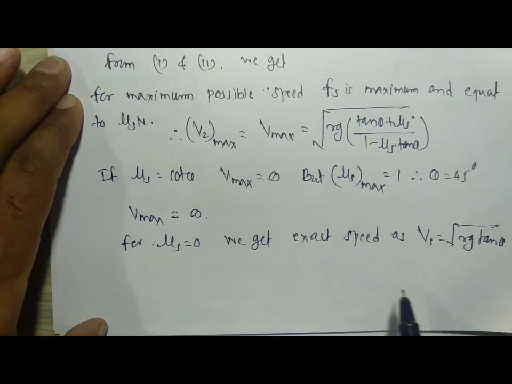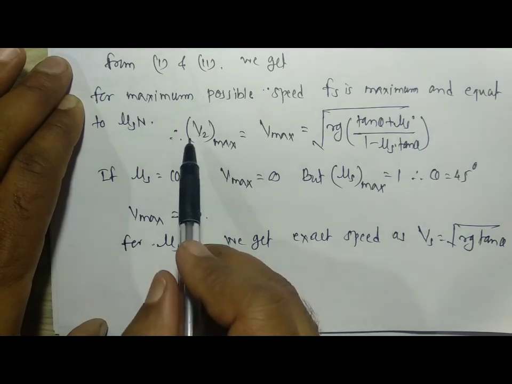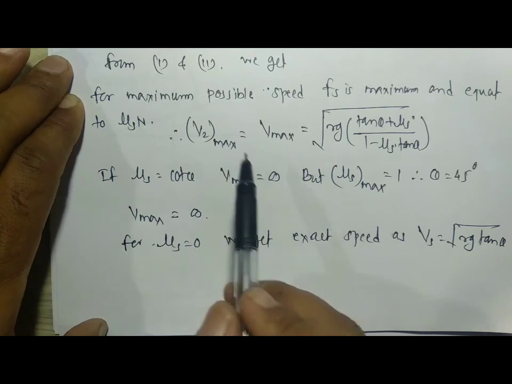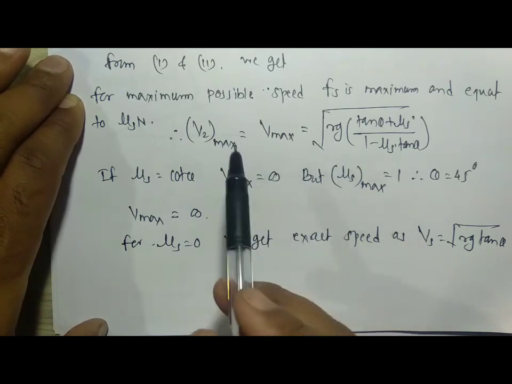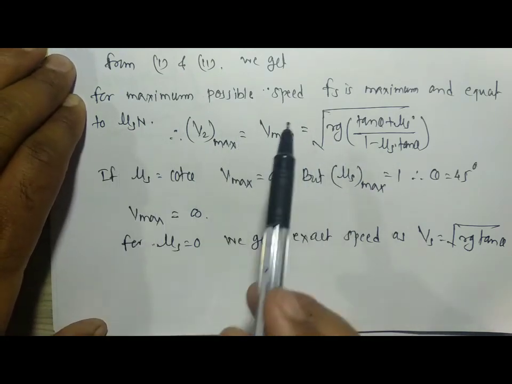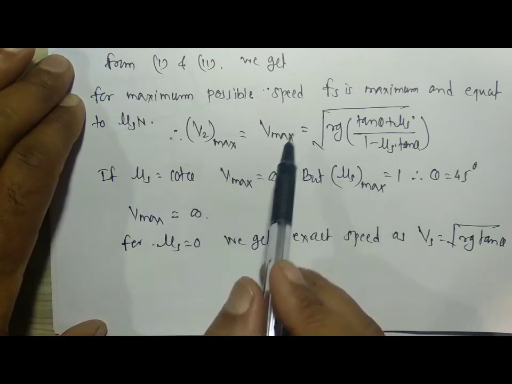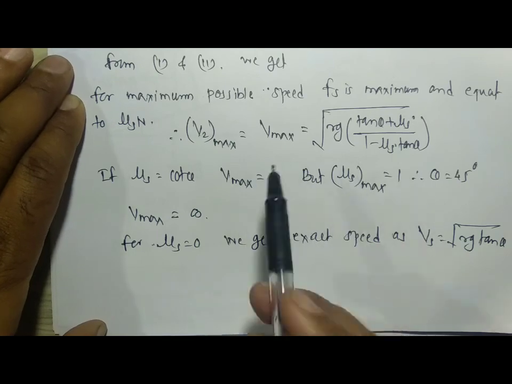By using both equations, V min and Vmax, we can rewind it. V min is equal to square root of Rg times tan theta minus mu s divided by, and so on.